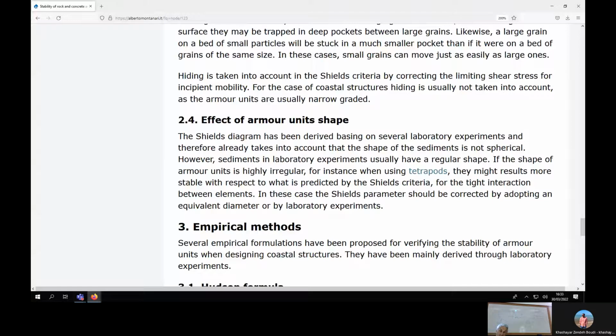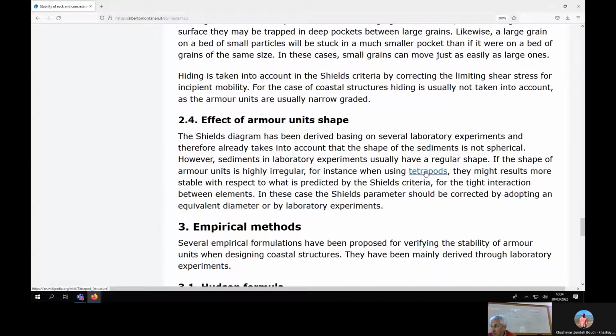On the other hand, there are shapes that are particularly appropriate for building groins and breakwaters, like tetrapods. They are particularly suited to ensure stability because they can block each other easily. And for these shapes, you need to estimate the shape coefficient in a dedicated way and possibly through lab experiments.